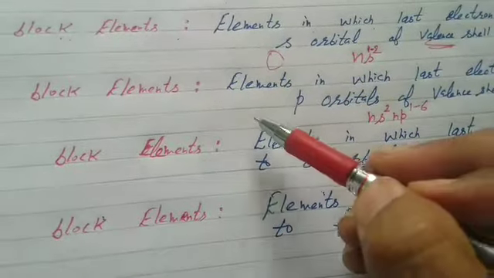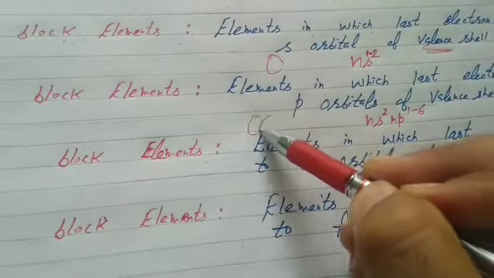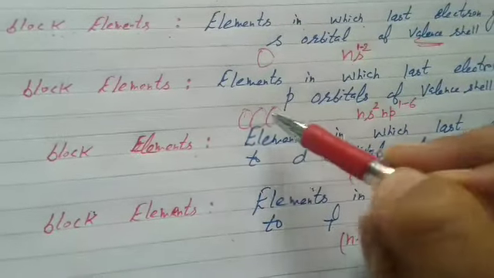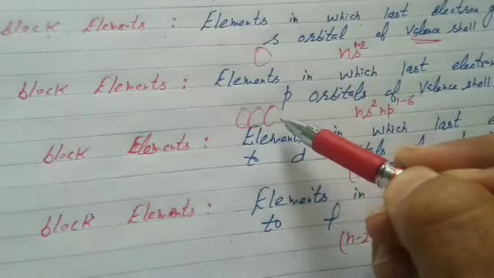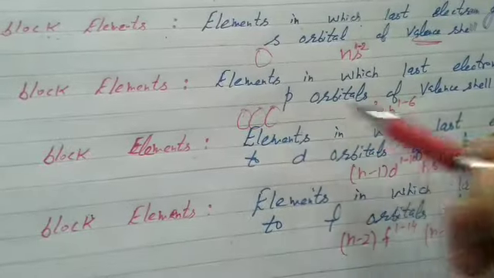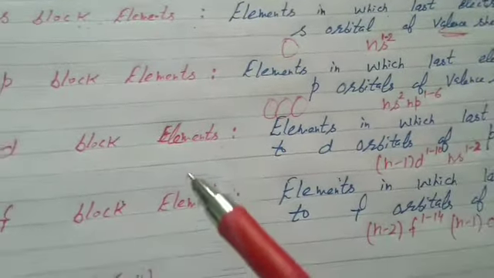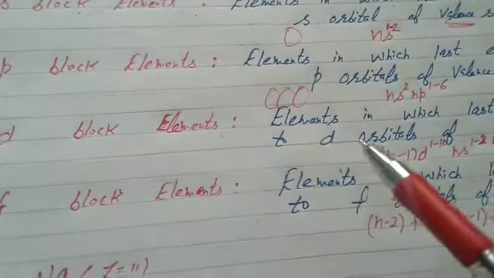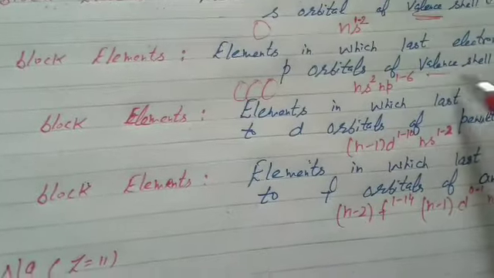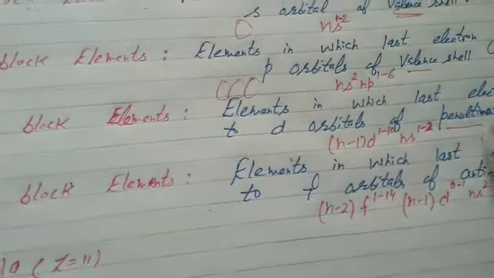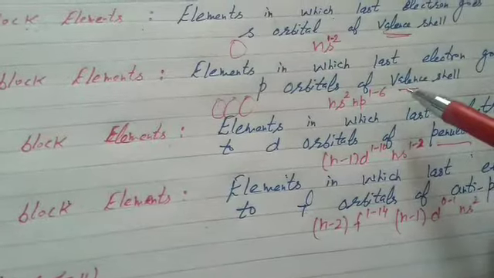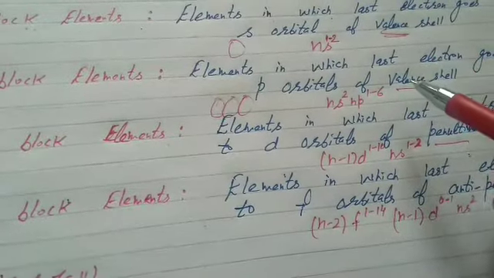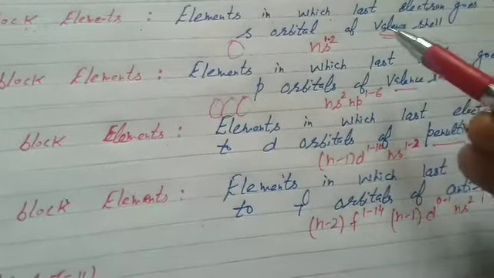P is the set of 3 orbitals, minimum 1 and maximum 6. One orbital can have 2 electrons, 3 can occupy maximum 6. Third is D block, elements in which last electron goes to D orbital of penultimate shell. Students, for S and P block, I use the term valence shell. They are called representative elements.